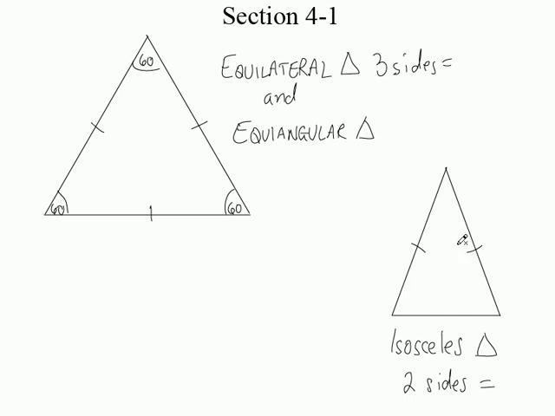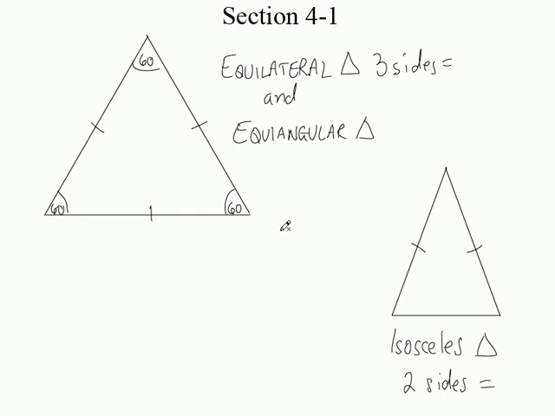We hardly call an equilateral triangle isosceles. Make sense? We're going to do a lot more later on, knowing that these two sides are equal. We're going to compare the angles to them and all that kind of stuff. We'll talk about that at some other point.